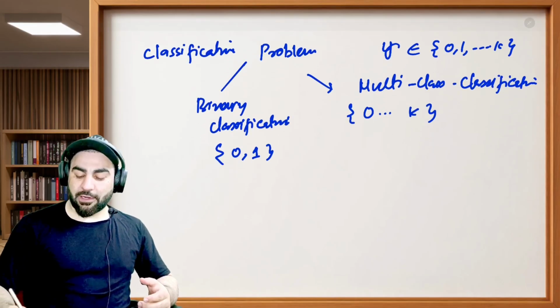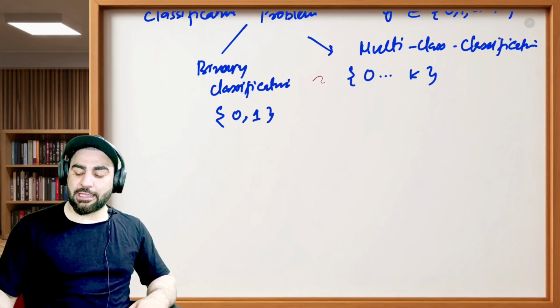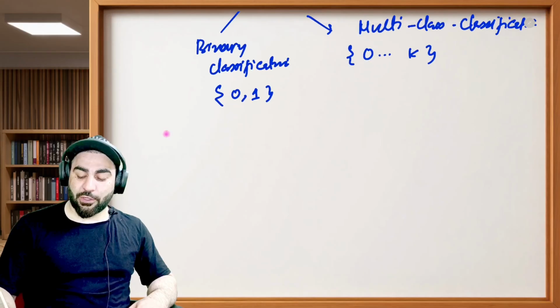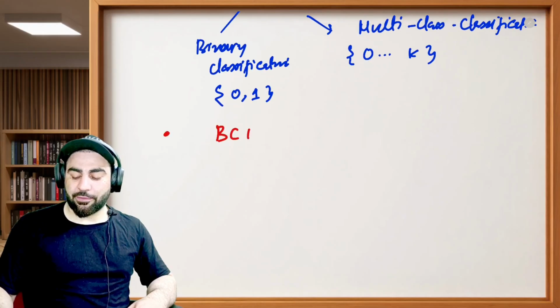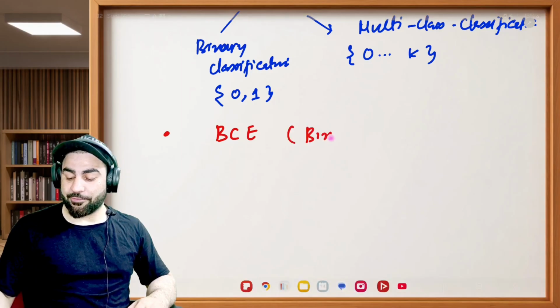Now you might have heard about two types of cross entropy. The first cross entropy that you will be seeing is associated with binary classification. In that you have binary cross entropy, BCE. You might have heard this short form a lot. So this is binary cross entropy.